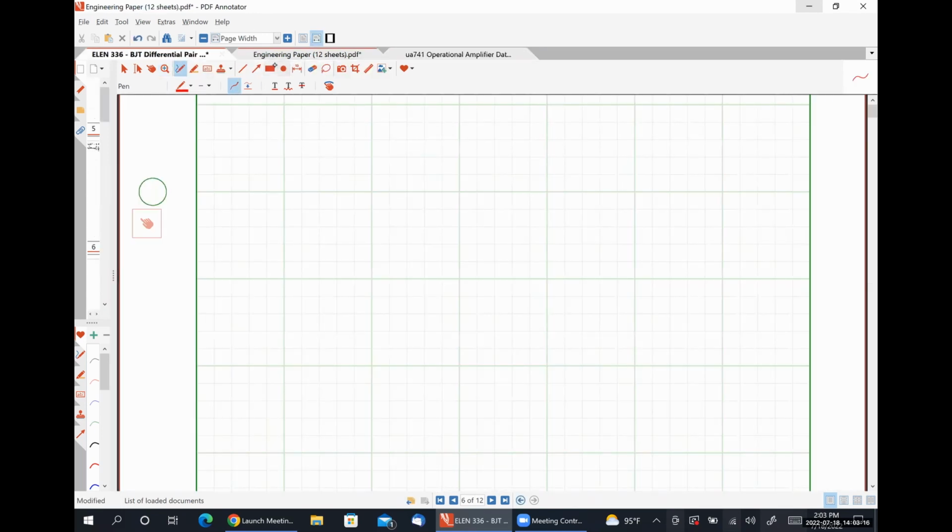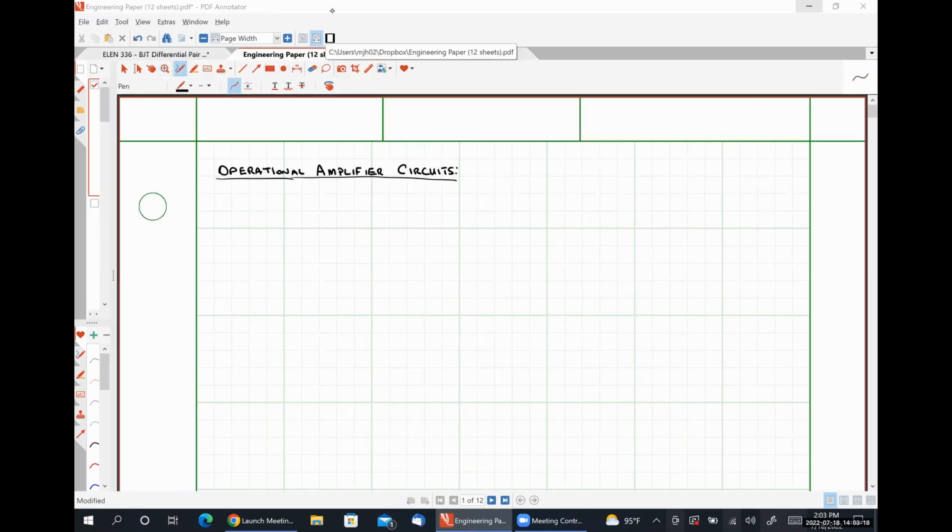Sorry, that's the wrong set of notes. So for us here in Circuits 1, we're going to represent an op amp using the following symbol.